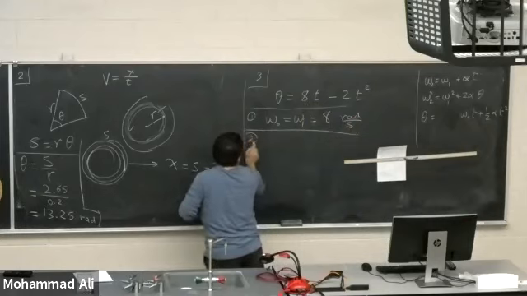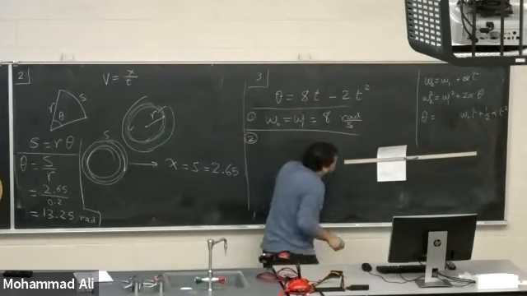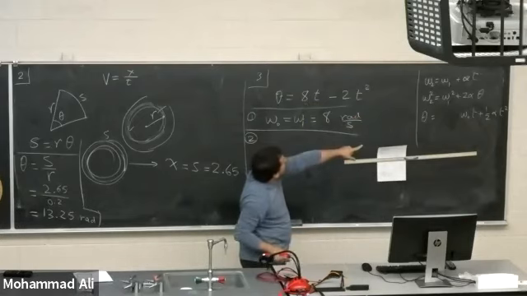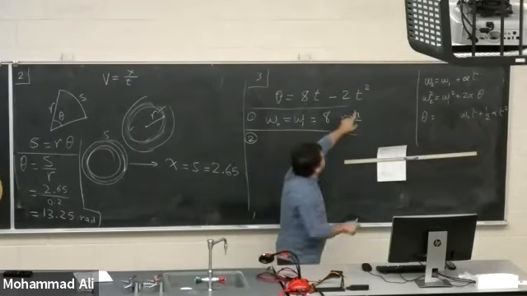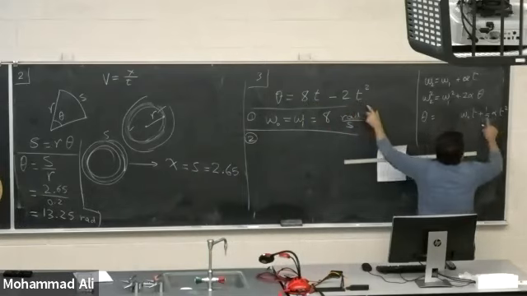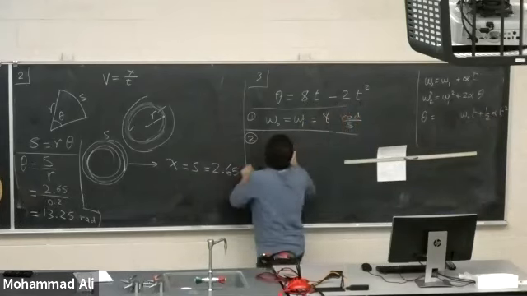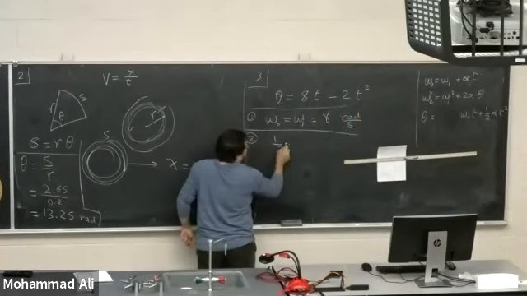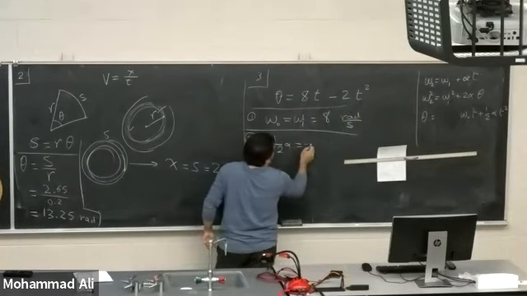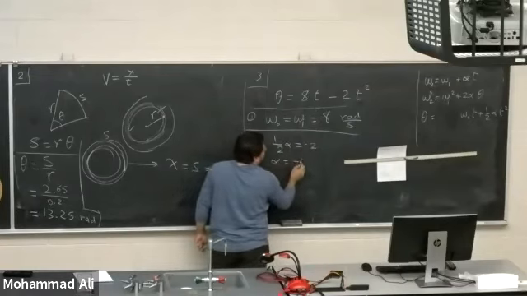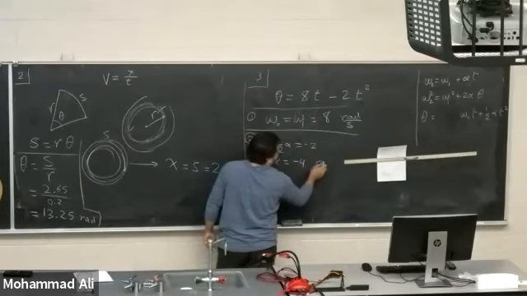Simply. Two, what is the angular acceleration? We have there t squared, and we have half alpha equal to minus 2. So alpha is equal to -4 radians per second squared, right?